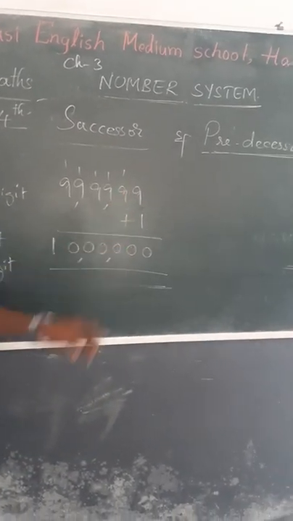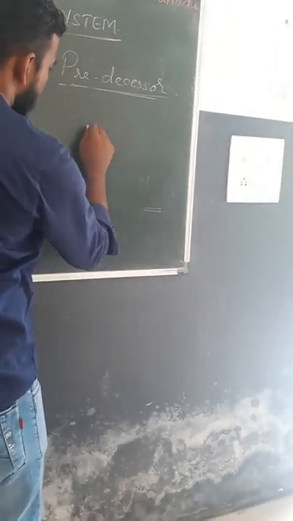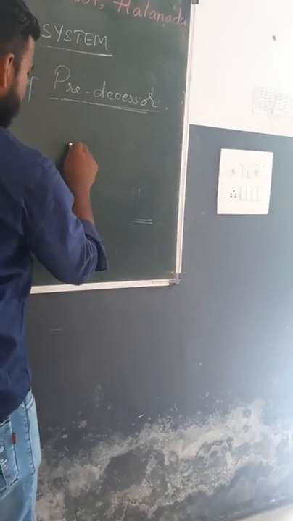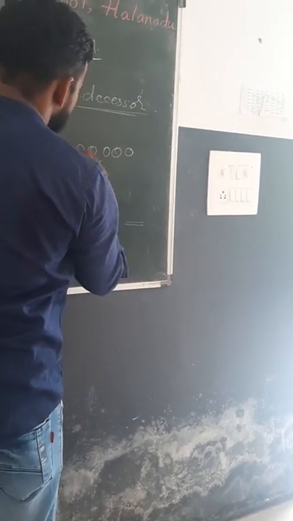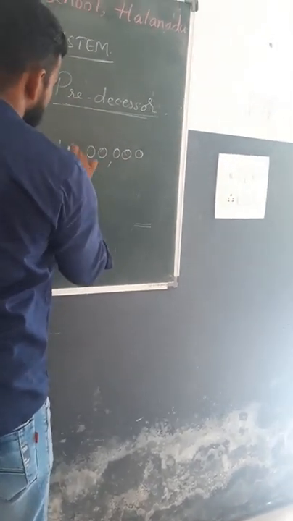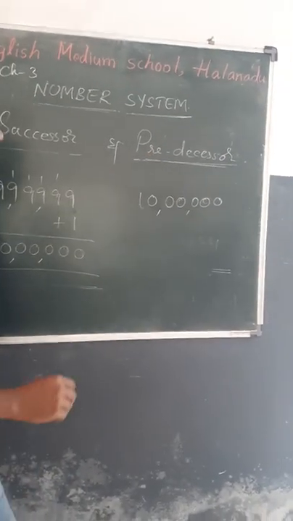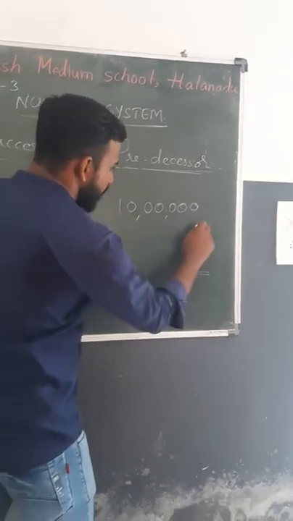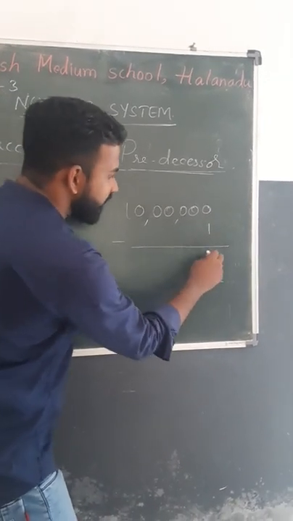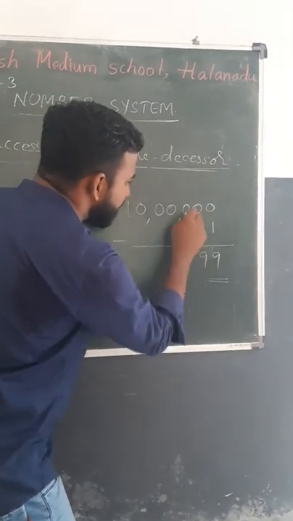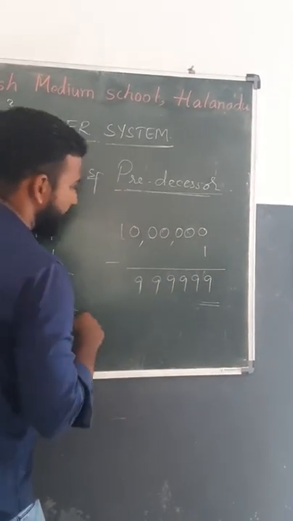Okay, predecessor. 10 lakh. Predecessor of 10 lakh, we have to subtract 1. So 10 minus 1, 9. Here it is 9, 9, 0.